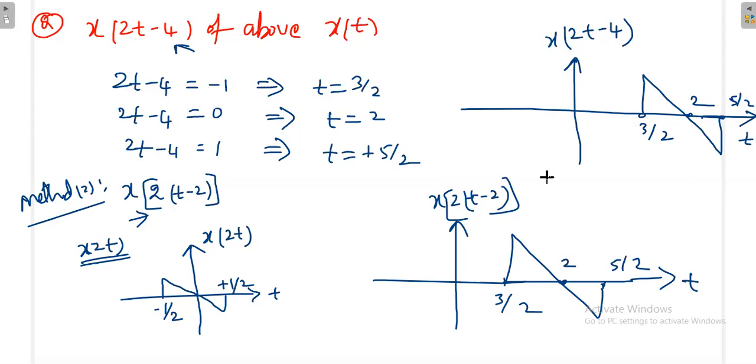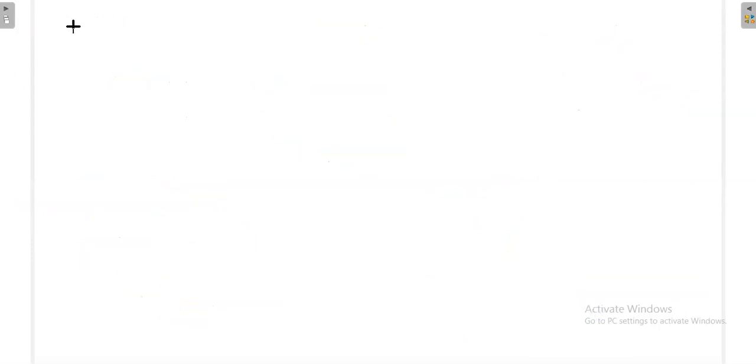But then what is the other method? If both are minus, what is happening? Find x of minus 2t minus 4. Then I'll do it by max first, x of t is already given.